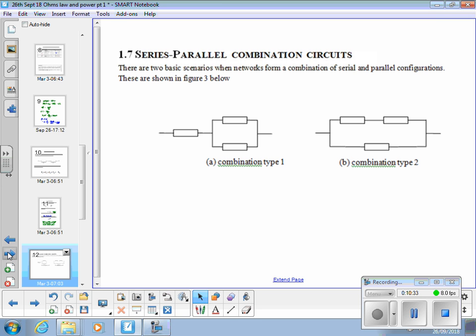Now, I could write a formula for doing all that in one go, okay? But if it gets bigger than that, trying to do it all in one go, there isn't a standard formula. You have to make it up from the series and parallel formulae, and it would get very messy.